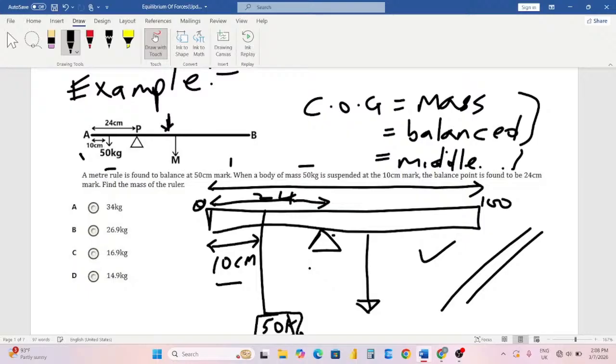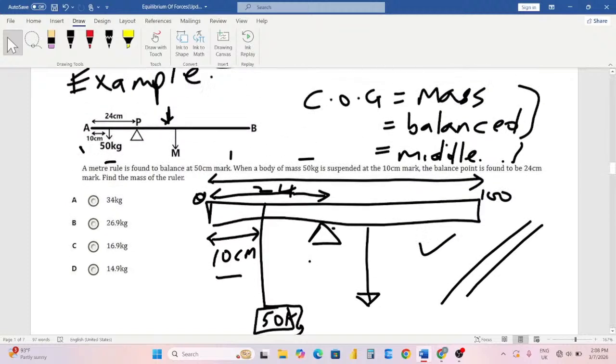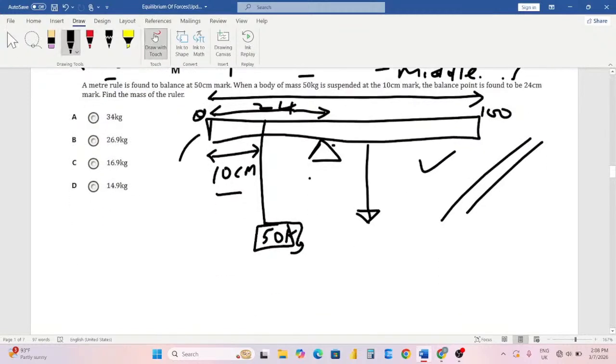The mass will still be experienced at the center of the ruler. So they told us to find the mass of the ruler. In situations like this is where you now use the second condition that states that clockwise moment equals anti-clockwise moment, because immediately this mass is added here, the tendency that it can turn like this is apparent.